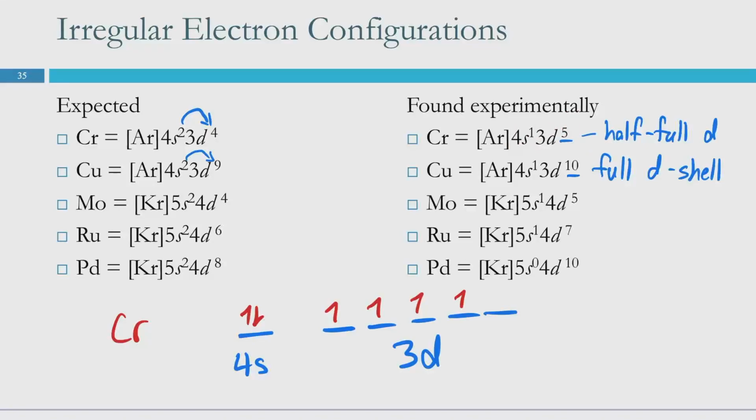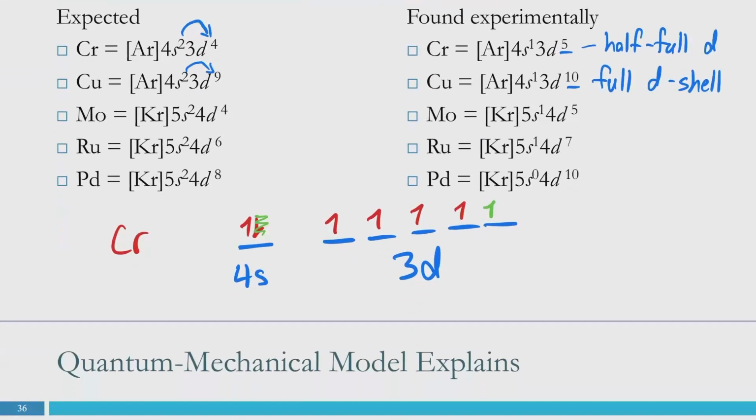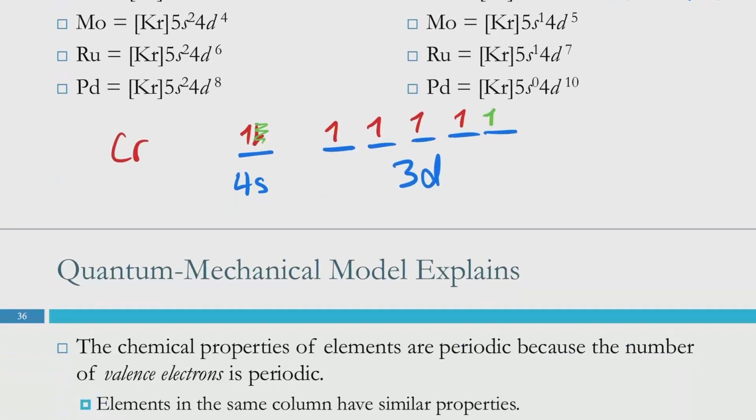So it turns out that it's more energetically favorable for this electron to jump over into the 3d. And because of all of these having the parallel spin, that lowers the energy enough that this is more advantageous than having it in the 4s. And then the same thing happens for copper, just with all of them being paired up. So those are kind of interesting.